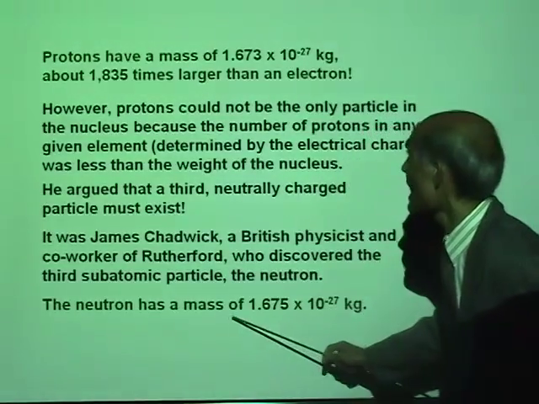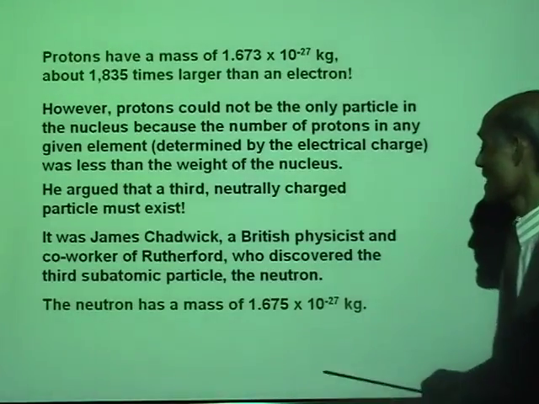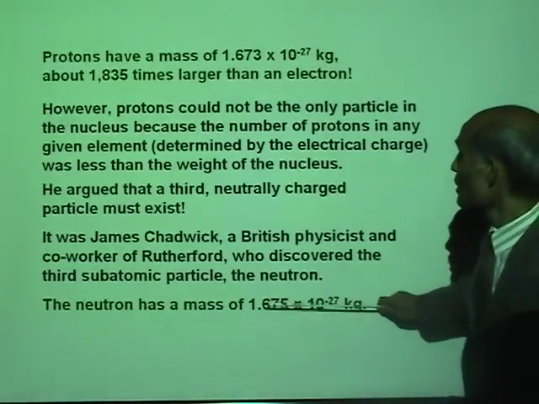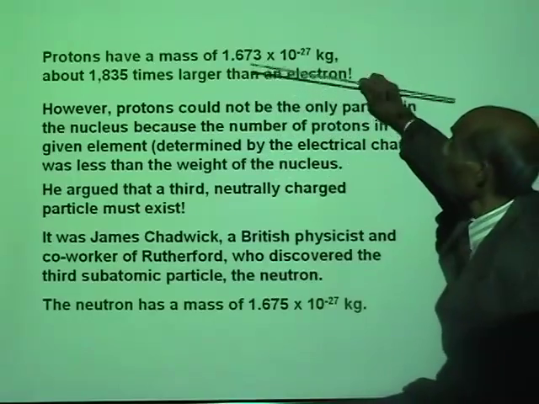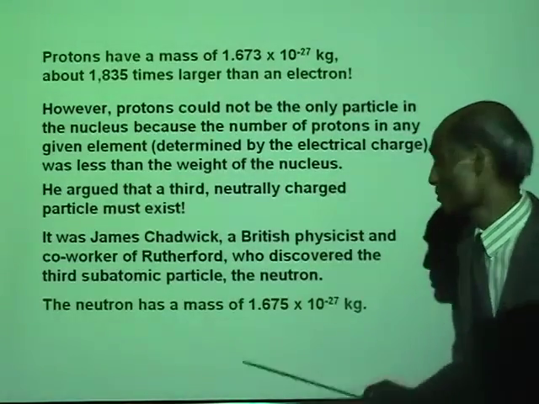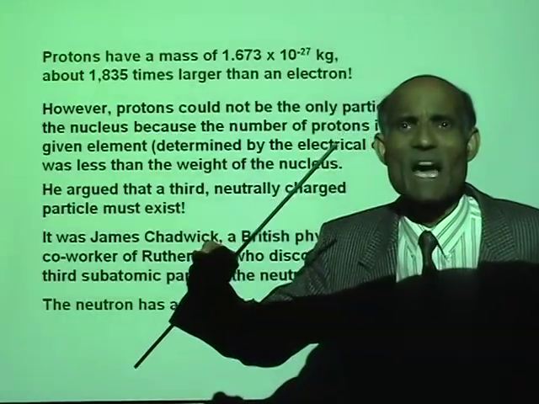And neutrons have a mass of 1.675 times 10 to the negative 27 kilogram. So if you notice, the mass of a neutron is almost the same as the mass of a proton. You can see a neutron is slightly heavier.